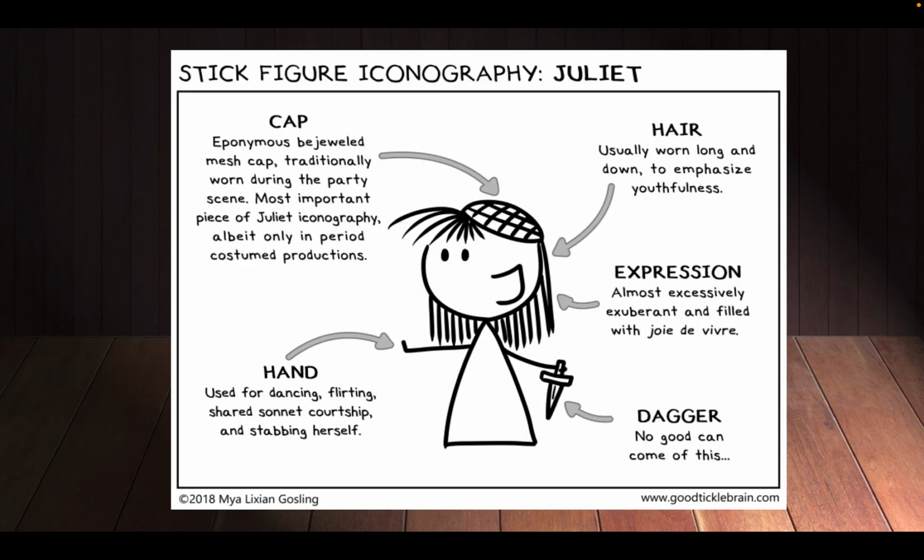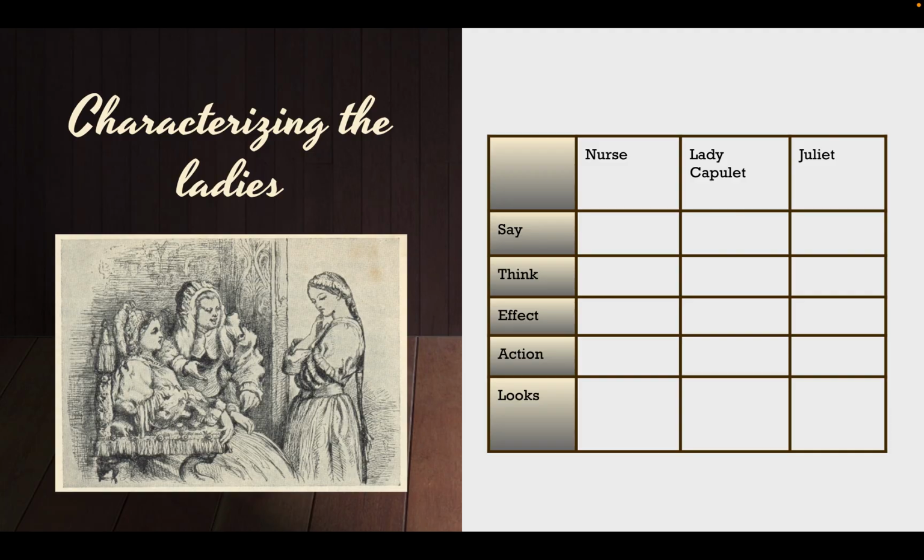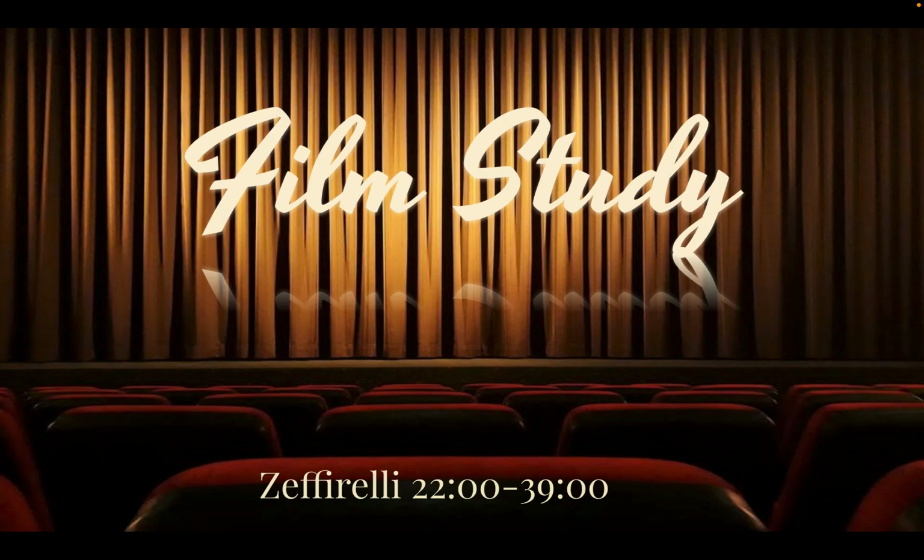Okay. And again, this is just that iconography. These images are really great of Juliet. Now, what I'm going to ask you to do is I'm going to have you go to the module. And in the module, there's a link to the movie.